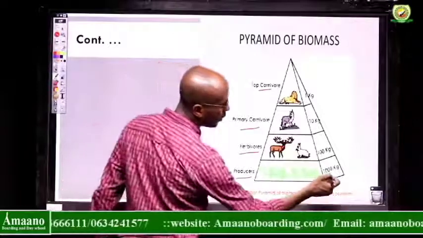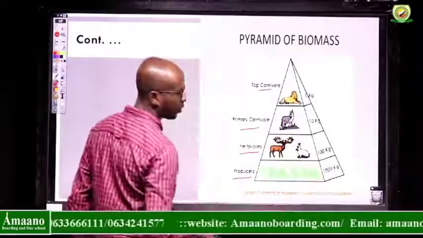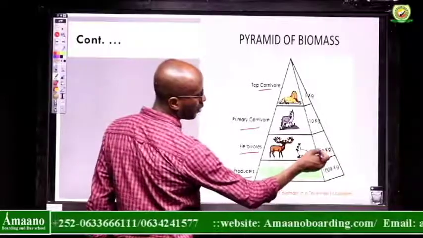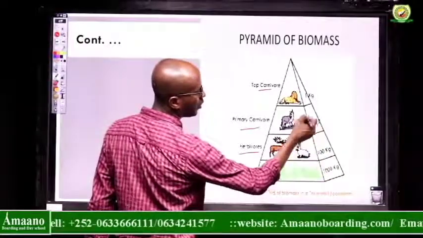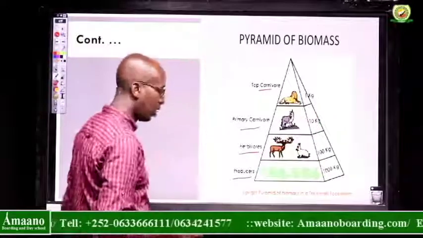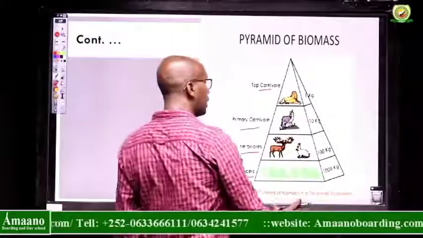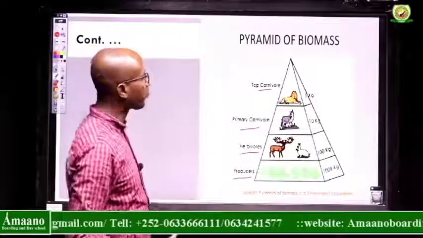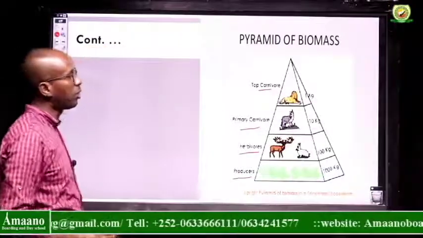The mass we have here is 1,000 kilograms. Here we have a mass of 100 kilograms, 10 kilograms, 1 kilogram. So you see, mass increases as we go from the top to the bottom.